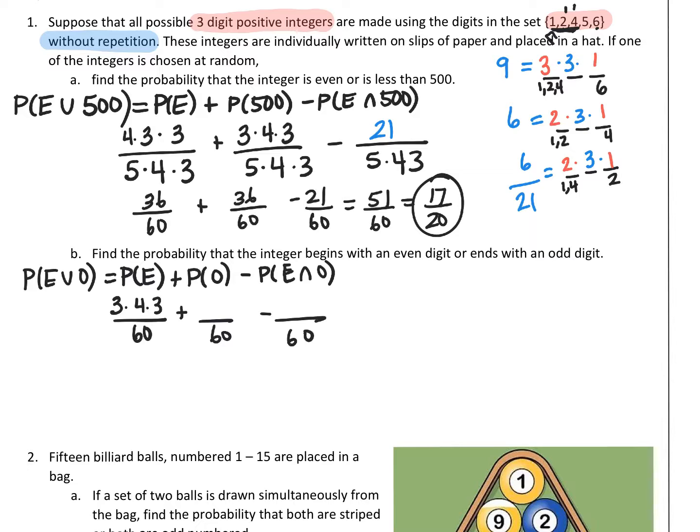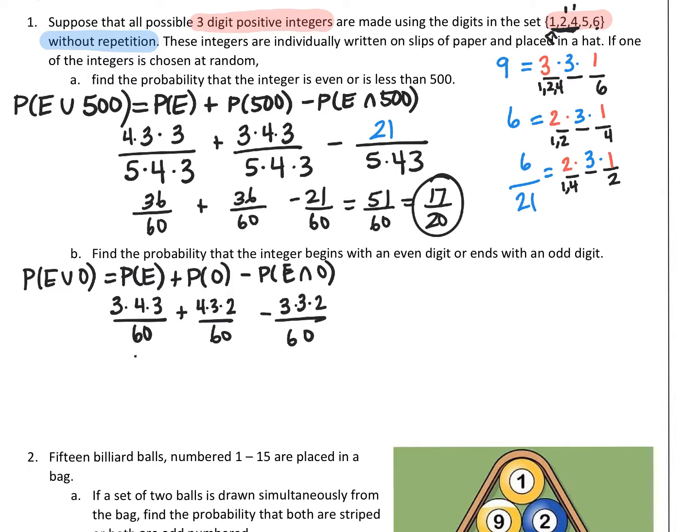If it ends with an odd, well, there are only 2 odd numbers, so it must end with an odd number. Once that one is placed, I can place my other 4 and then 3. Now, if it begins with an even and ends with an odd, there are 3 choices for the first digit. And if it ends with an odd, there are 2 choices for that one. Once those 2 are placed, there are 3 choices left for the remaining spot.